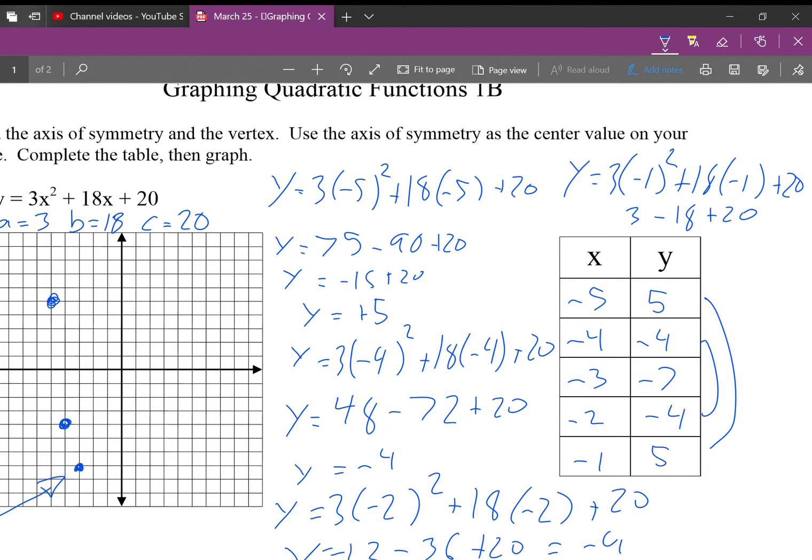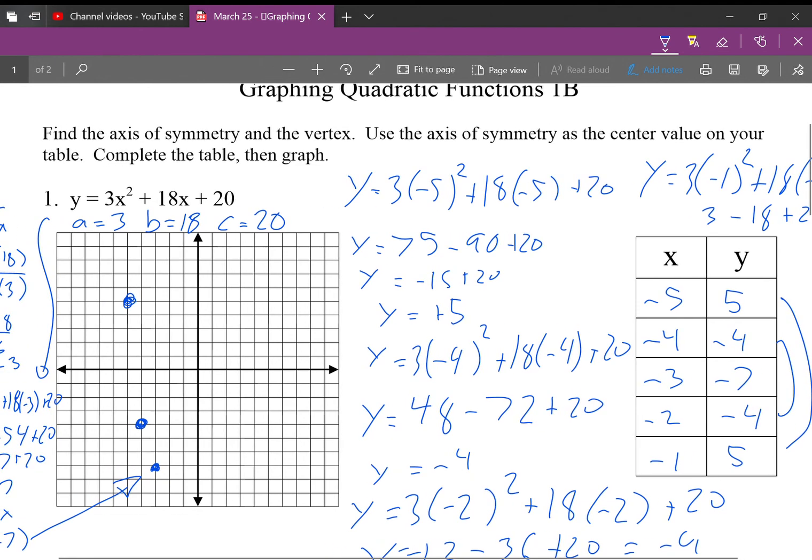And again, is this always going to be true? Well, it is always going to be true if you put the vertex in the middle. So keep in mind, I started by finding the vertex. So if you find the vertex, and if you're talking about a quadratic equation, or rather function, then you should see that symmetry, and we're going to see that same symmetry in the graph.